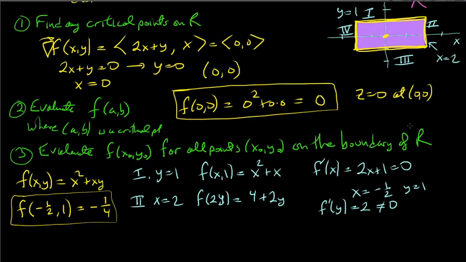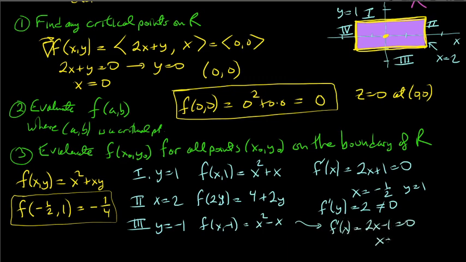So that's nice, right? Let's go to region 3, where y is negative 1. Okay, so here I think we just get x squared minus x. And then when you take that derivative, you get 2x minus 1 equals 0. So x is positive 1/2.